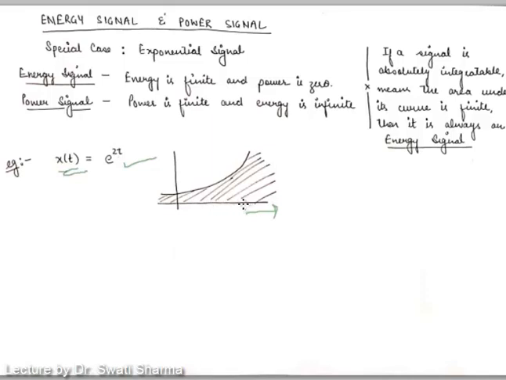As you go on moving towards the right on the time axis, the amplitude keeps increasing until infinity. So here we can easily notice that if we want to calculate the area under this graph, it is not going to be finite in any case, because on the positive time axis the area is going to be infinite.